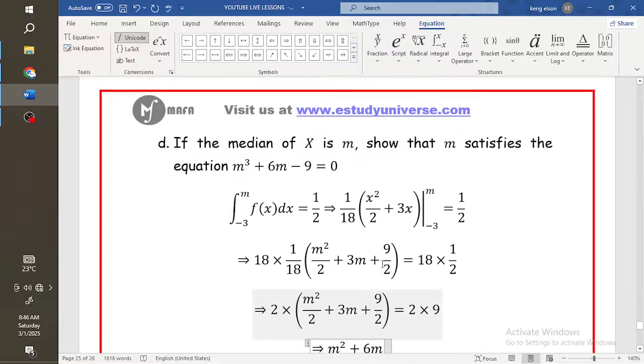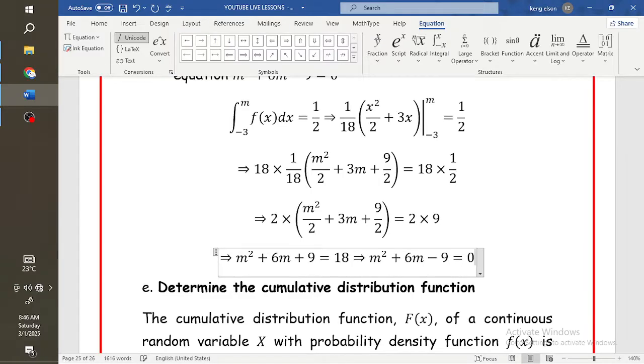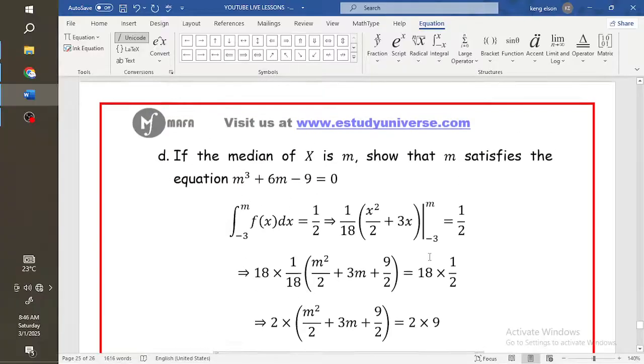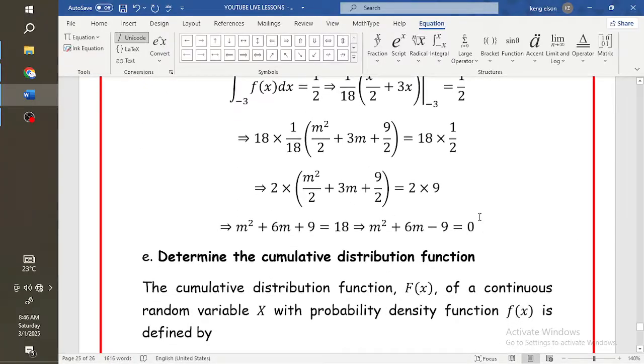So you have m squared plus 6m. Then 2 multiplied by 9 over 2 is 9, plus 9 equal to 18. So this means that I'll subtract 18 on both sides. So m squared plus 6m, 9 minus 18 is minus 9, equal to 0. So m squared plus 6m minus 9 is equal to 0. So there's a typing error here. It's supposed to be m squared, not m cubed. So that is the proof as required.